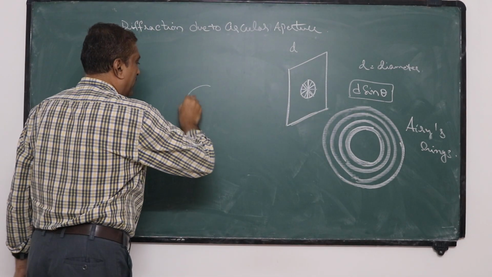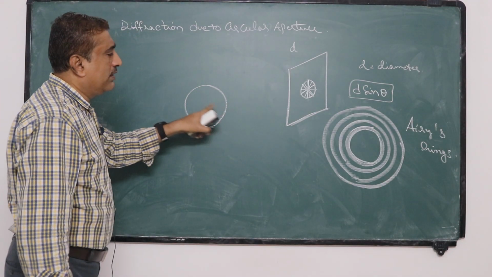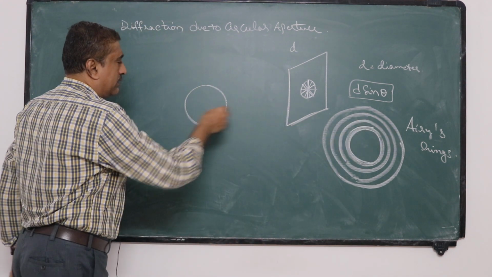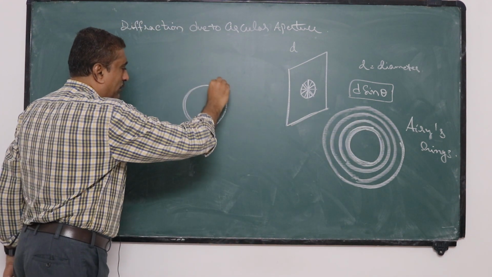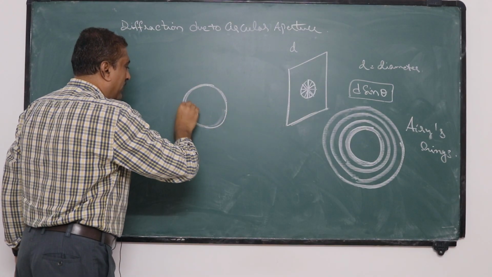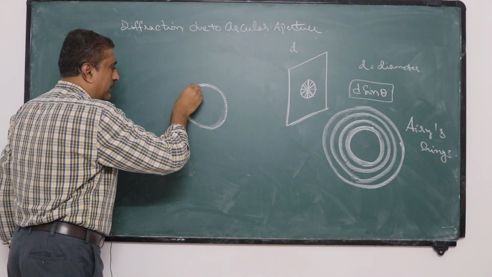Now assume that this is the central maximum of this Airy's pattern, or central maximum due to a circular aperture, which is bright. Now it is surrounded by a dark ring, and this is the first minimum.